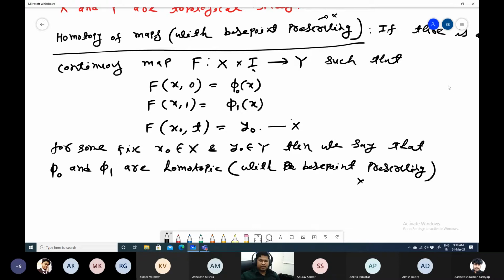So here x and y are two topological spaces, and we say that phi 0 and phi 1 are homotopic if there is a continuous function f such that f of x comma 0, that is at time t equal to 0, you have phi 0, at time t equal to 1 it will be phi 1, and for any time t, f of x0 comma t equals y0.